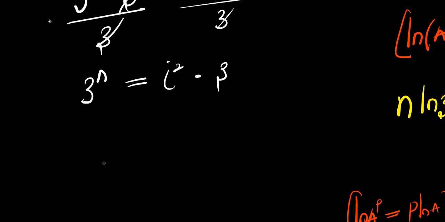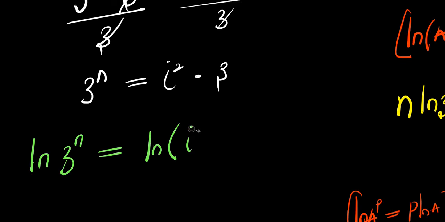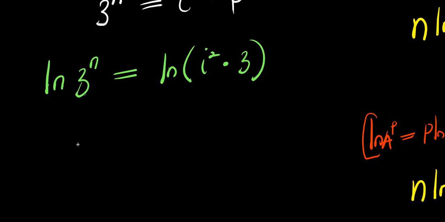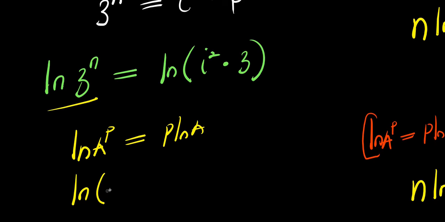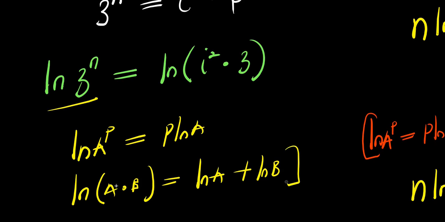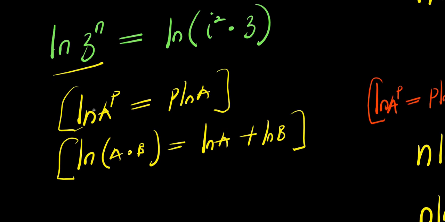Then let's apply the natural log. I have natural log of 3 power n equals natural log of I power 2 times 3. And don't forget, natural log of a power b equals b times natural log of a. We apply that here, and also natural log of a times b equals natural log of a plus natural log of b. So let's proceed from here.